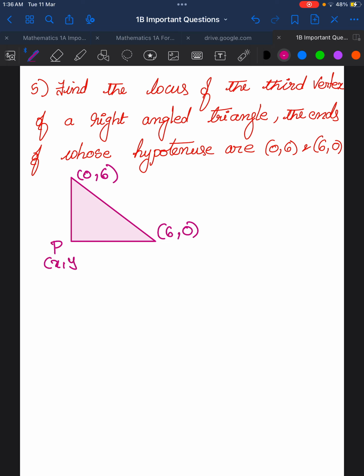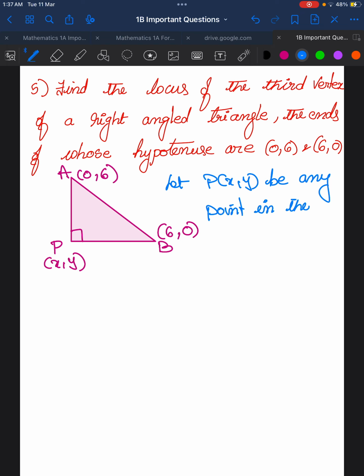Let P x, y. This is A, this is B. Where triangle PAB is right angle triangle. You have to start the problem by taking let P x, y be any point in the locus.